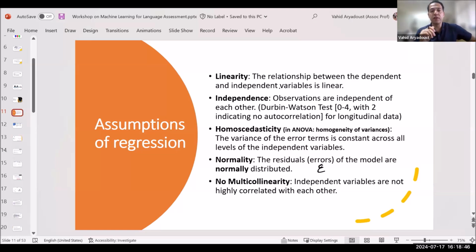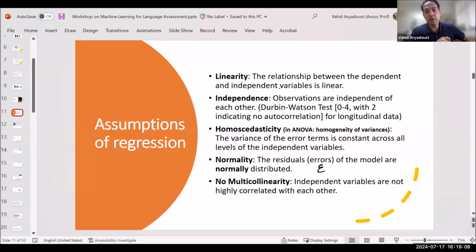The error in the regression model that must be normally distributed rather than the data. Now, I do not deny that if your raw data is not normally distributed, that can somehow affect your regression model. Sure, it can happen. But that is not a big concern as much as the lack of normality of your error is.